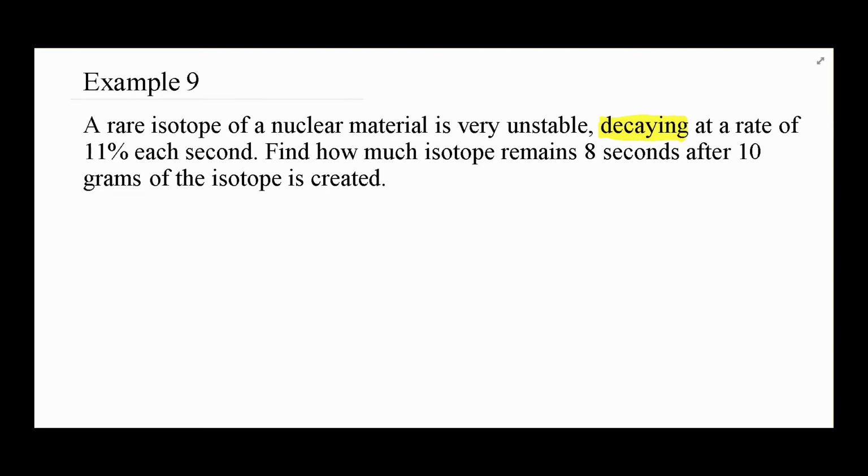So it's decaying at a rate of 11% per second, each second. Find how much isotope remains 8 seconds after 10 grams of the isotope is created. So our controlling equation here is C times (1 minus r) raised to the x power, where the initial amount we're starting with is 10 grams.